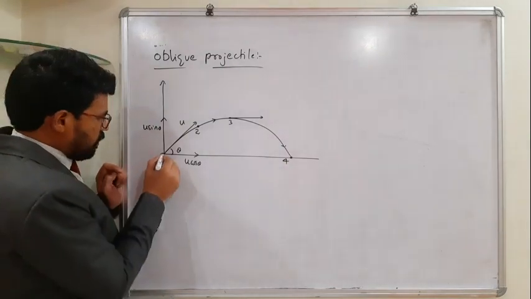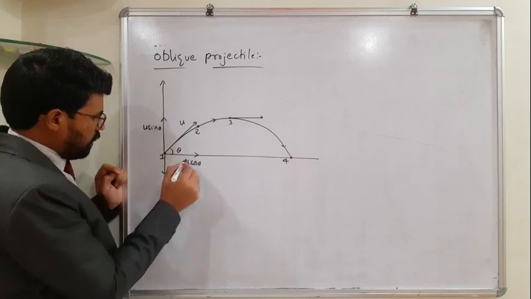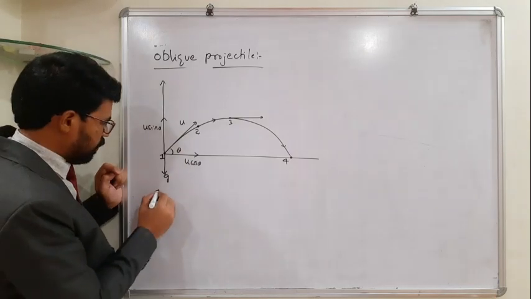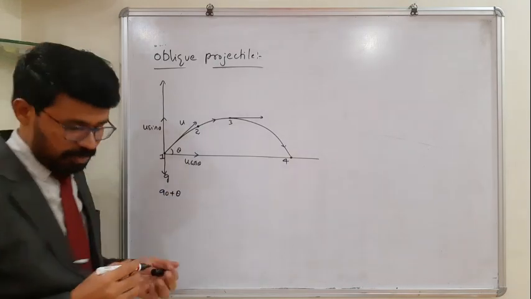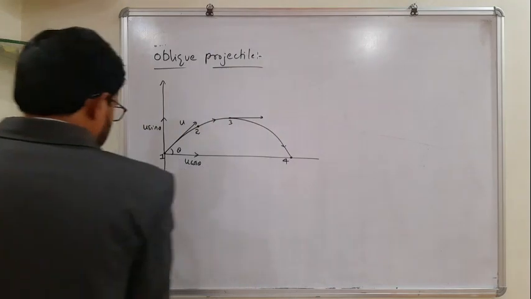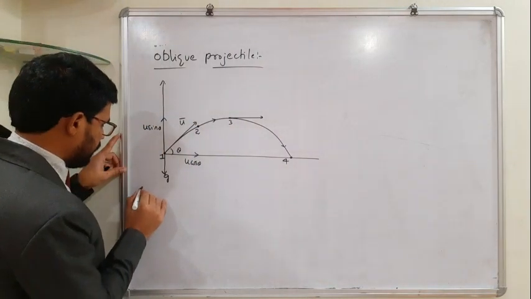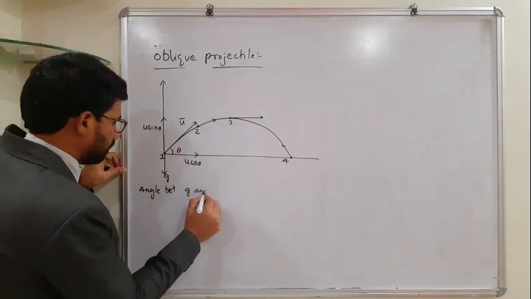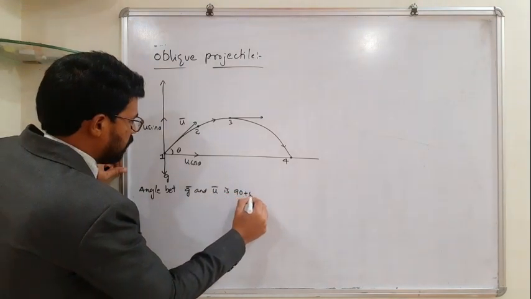See, when you focus on the point of projection here, the acceleration is in the downward direction, g, and what is the angle between acceleration and the initial velocity of projection? It is equal to how much? 90 plus theta, isn't it? That 90 plus theta is the angle between the acceleration experienced by the body and the velocity. The angle between g bar and u bar is 90 plus theta.